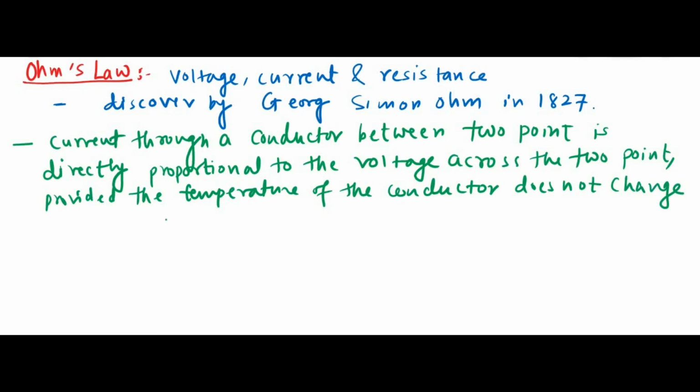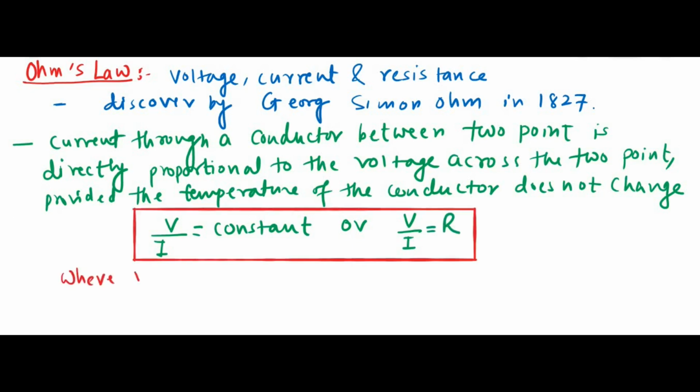It is given by V by I equal to constant, or V by I equal to R, where V is voltage, I is current and R is resistance.